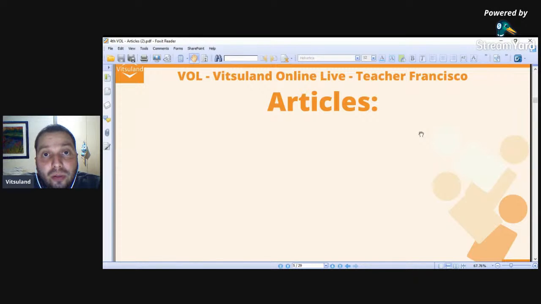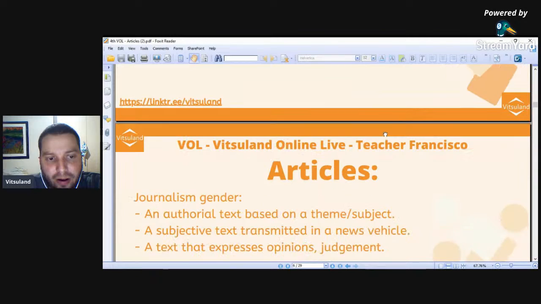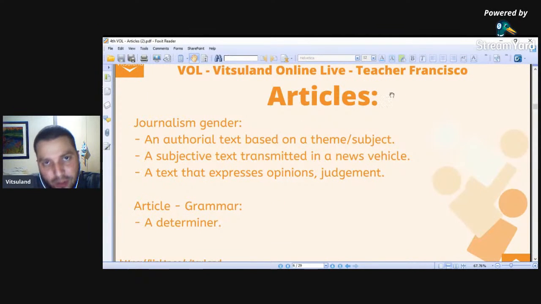But it's important to remind you that we have 2 definitions of articles. As I'm a journalist, I have a bachelor's in journalism, and then I became an English teacher, so that's why I brought you those 2 definitions. When we think about an article, we have to consider these 2 definitions. As a journalistic genre, an article is an authorial text based on a theme or a subject.